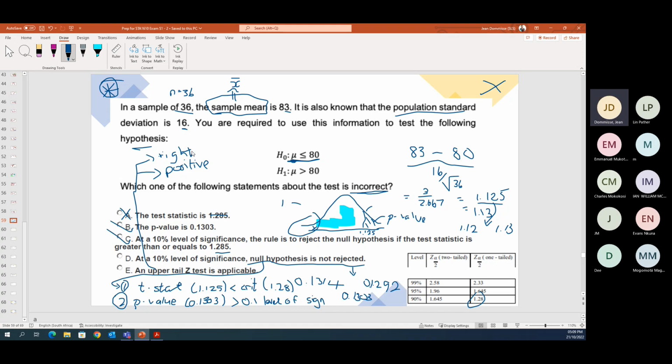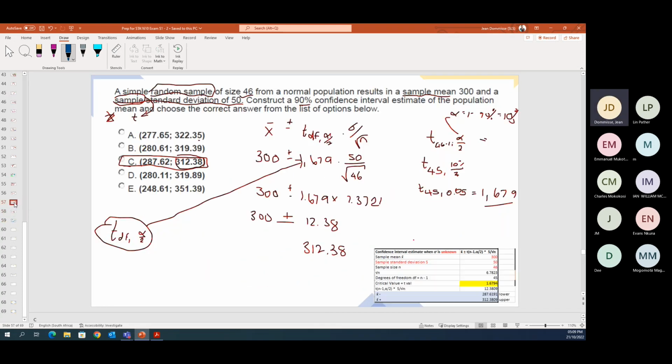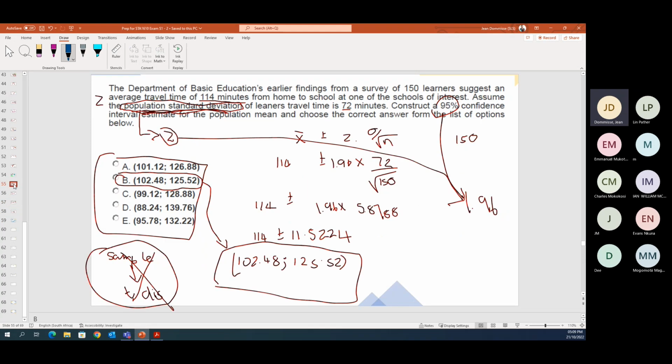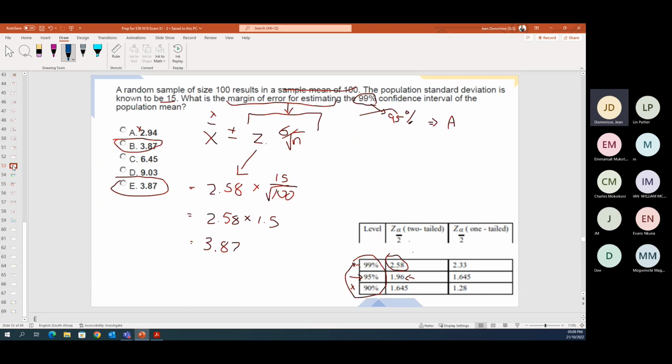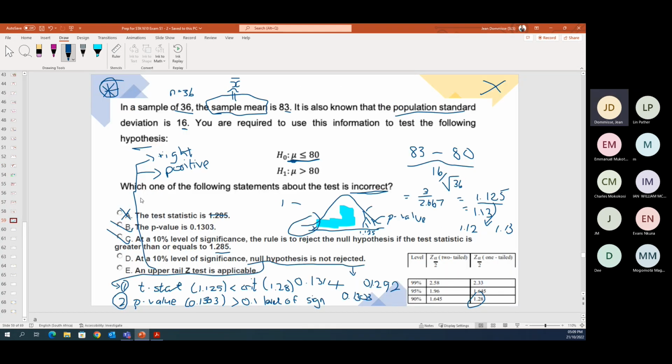They sometimes, in your confidence intervals, and I don't think I showed any here, so I will check if I can find one, might just ask you to work out one of the two.